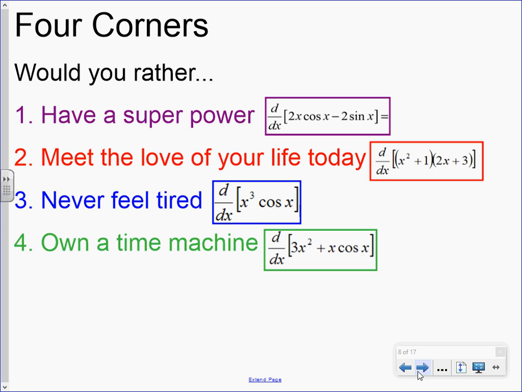So I would write this as minus x sine x, right? So you really just have x plus cosine x.